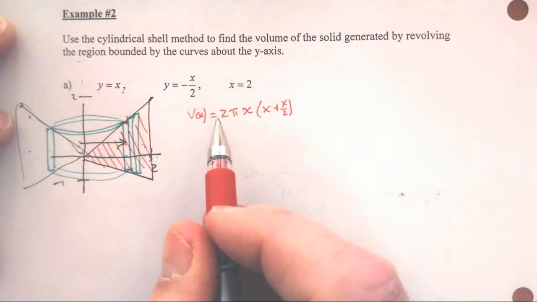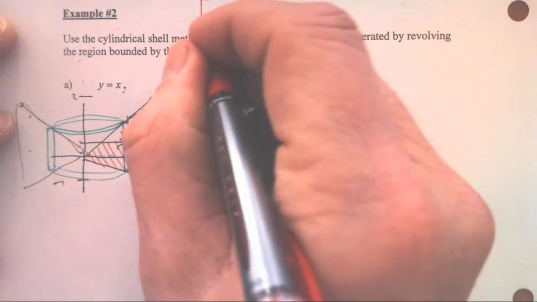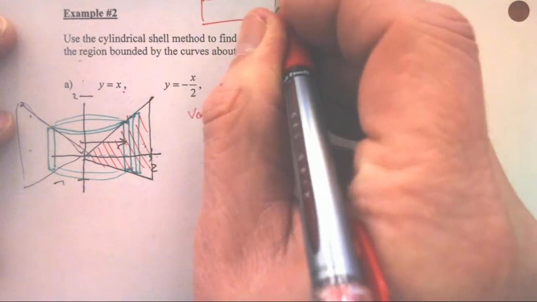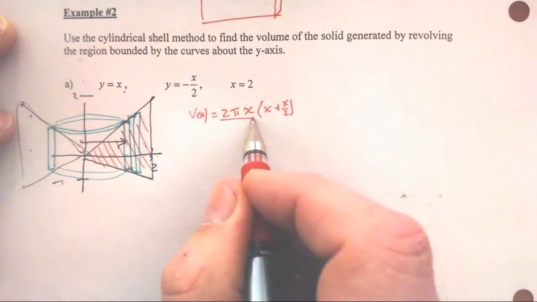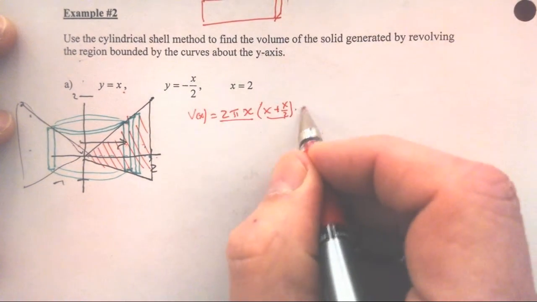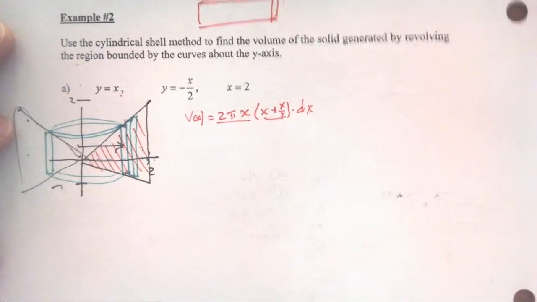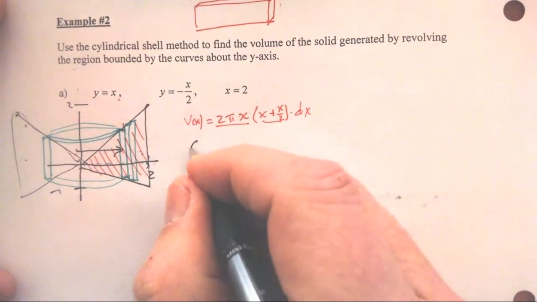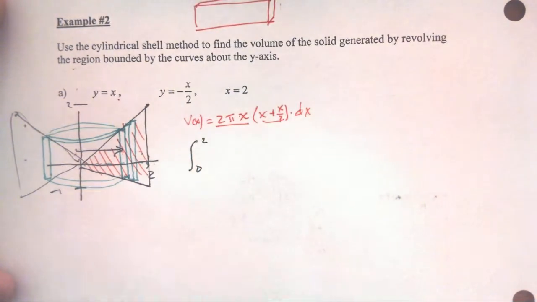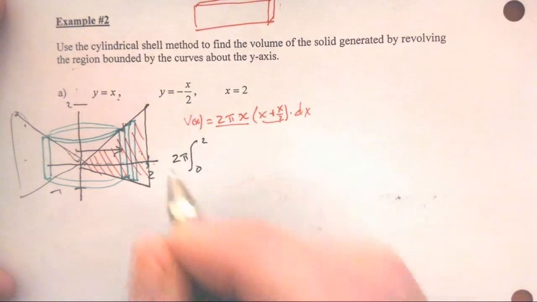So if I roll this all out again, quick review of what we just looked at, the volume of this is circumference times height times dx. And now we just need all of them from 0 to 2. So I get integral 0 to 2. I'm going to factor out the 2 pi.